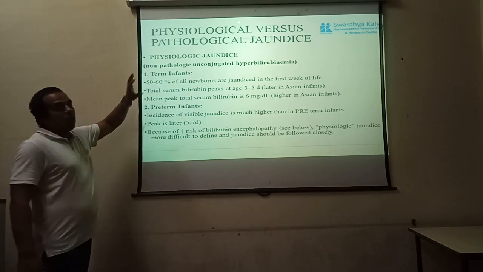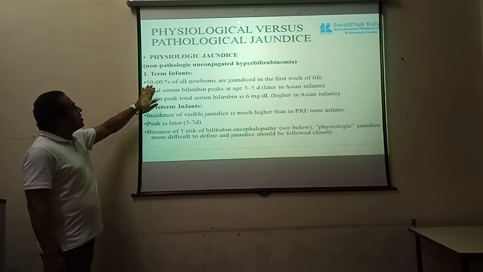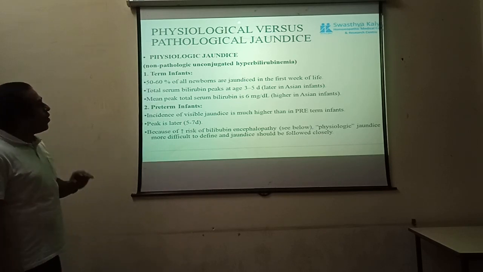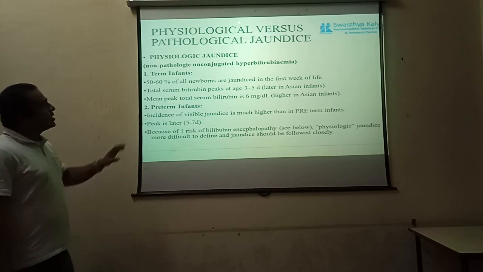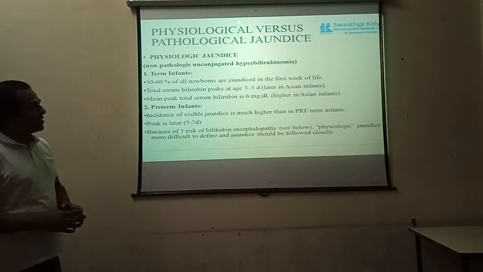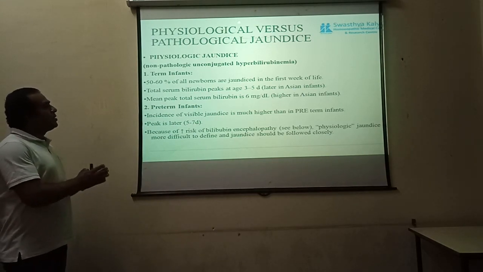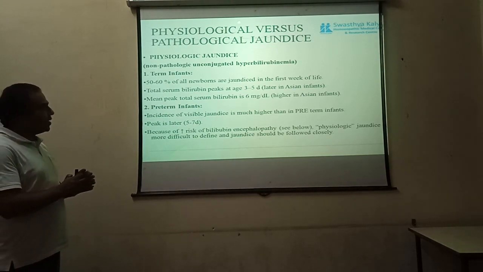Those are infants who were born after taking the full course of pregnancy. 50 to 60% of all newborns are jaundiced in the first week of life. Total serum bilirubin peaks at the age of 3 to 5 days. Mean peak total serum bilirubin is 6 milligrams per deciliter of blood.